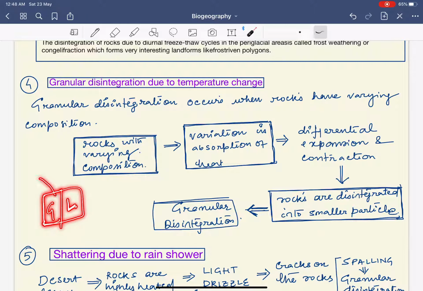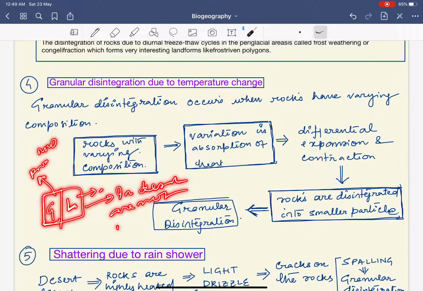Remember that granite in the desert areas is more prone to mechanical weathering than limestone. Limestone in desert areas is not prone to mechanical weathering. Please understand this. But granite in desert areas is more prone to mechanical weathering. Remember that limestone in humid areas is prone to chemical weathering.